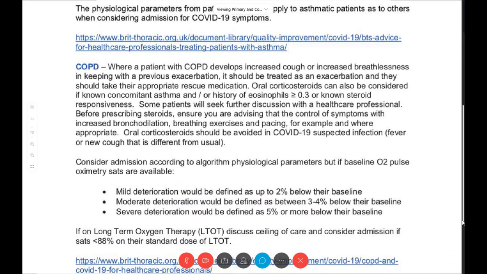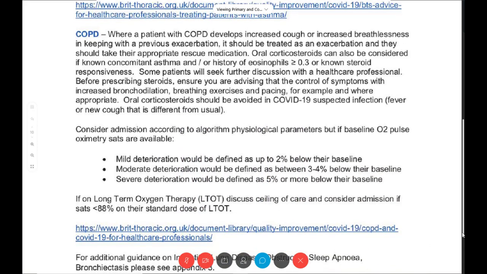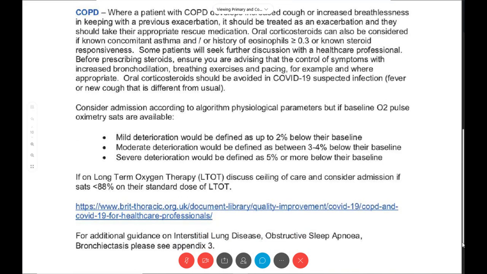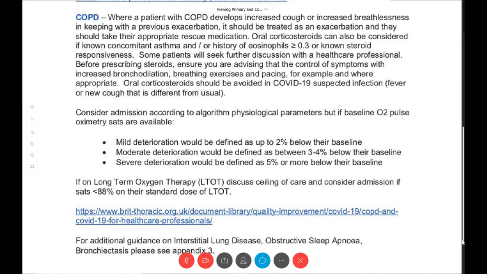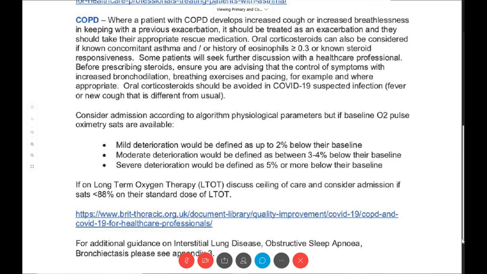So we would say that with patients with COPD, if they have COVID symptoms such as a new cough, which is different from their normal cough, in conjunction with pyrexia, muscle aches and anosmia, then they could probably be managed without oral steroids and just take antibiotics if they have purulent sputum and increase their inhaled bronchodilator using a spacer.